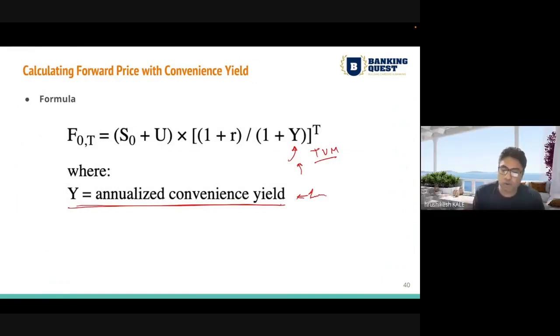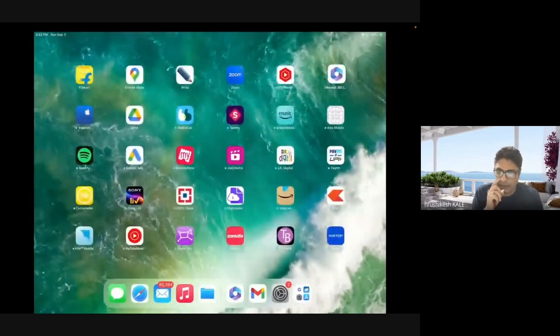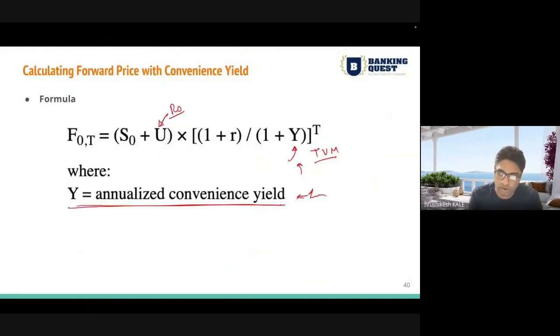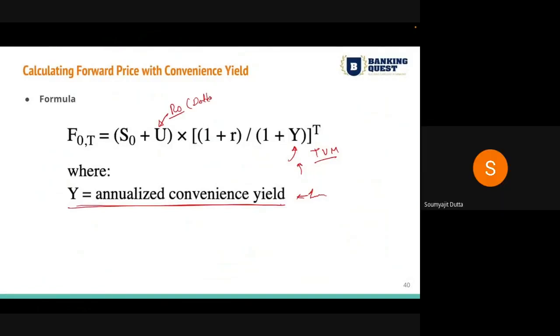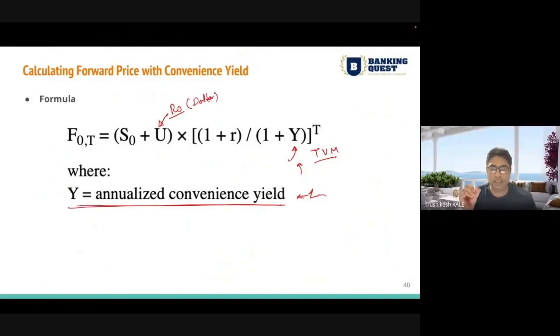But storage cost is in rupees, please understand that. Storage cost will always be in dollars, in monetary terms. Whereas when we speak about yield, it will be in rate terms, percentage terms. So yes, it's the opposite of storage cost.